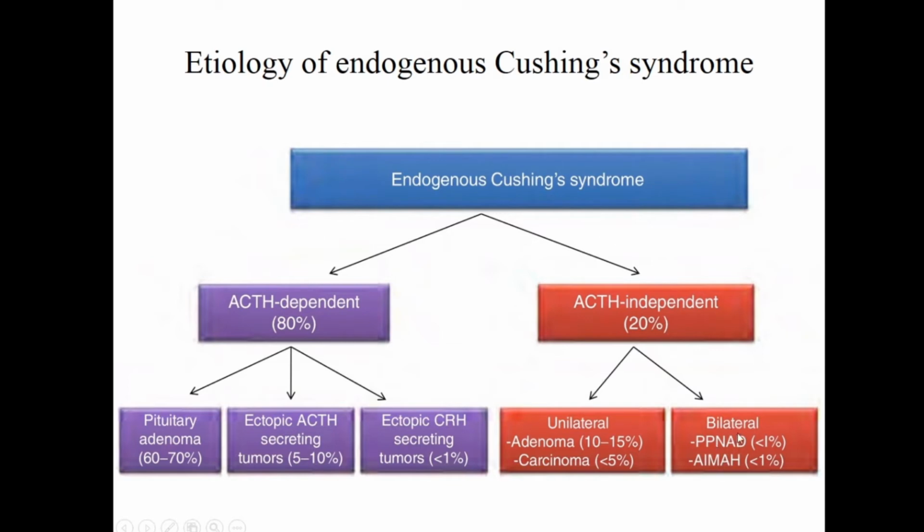Just remember that bilateral means hyperplasia, which is micronodular or macronodular hyperplasia. Remove this term given in the book here. This term now is obsolete actually. We don't use this anymore. So micronodular and macronodular hyperplasia are usually bilateral.